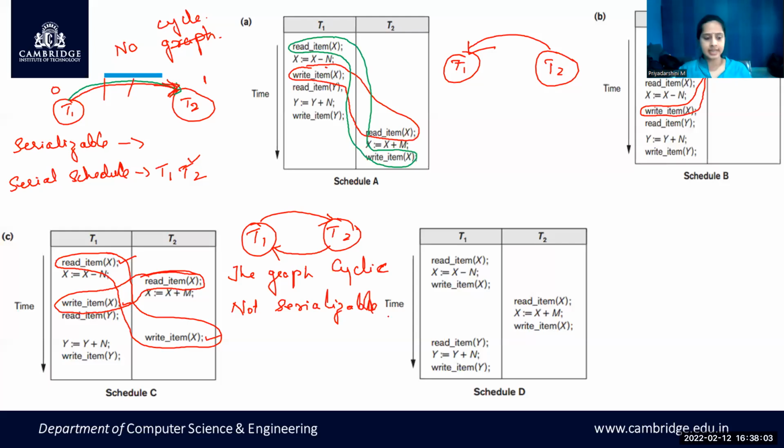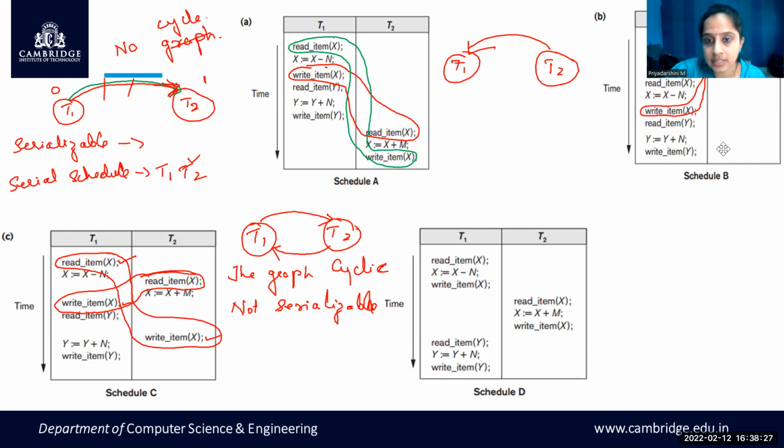When it is not serializable, do I need to check for serial order? No. It indirectly tells us this schedule does not match any serial order. That means I will not get any equivalent serial order for this. So I can't check for any serial order.